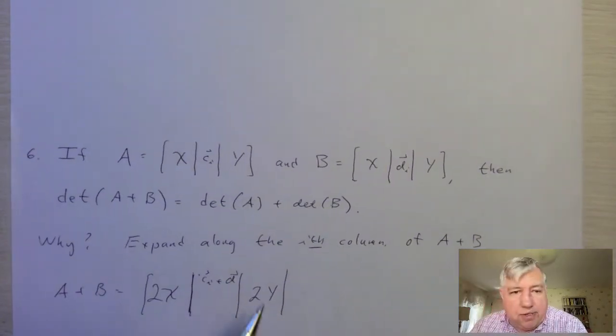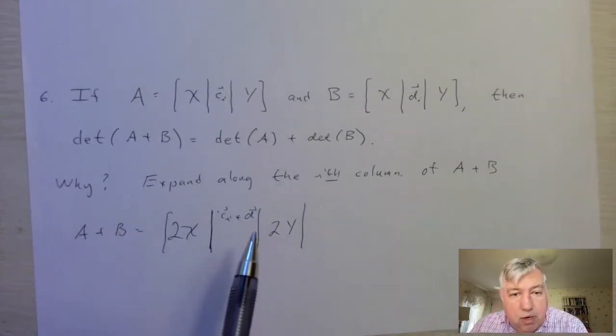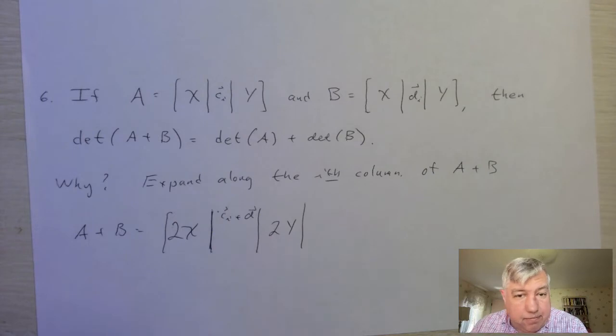And all these entries are going to be multiplied by 2, and we can do this. So I think you can see. I think this should work out.